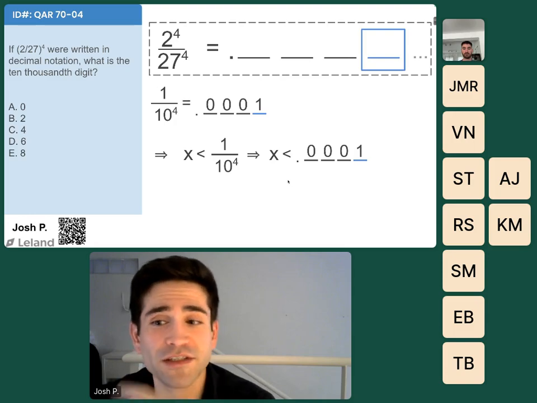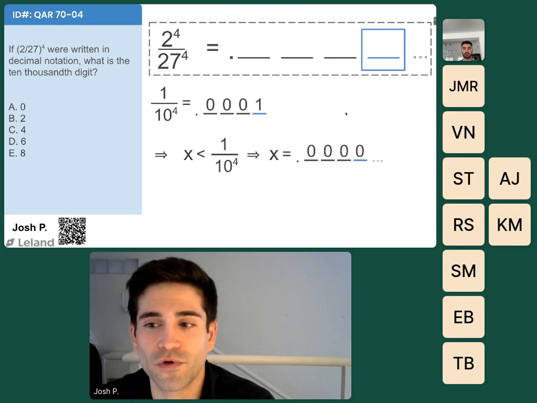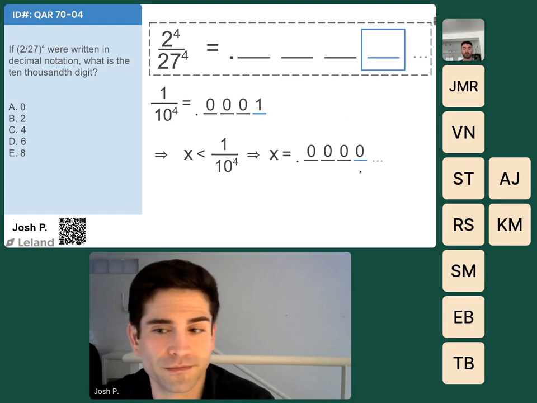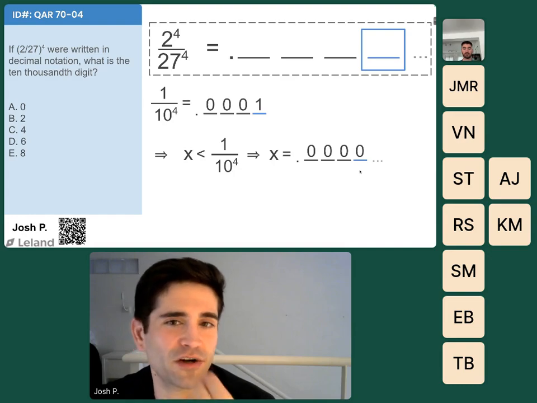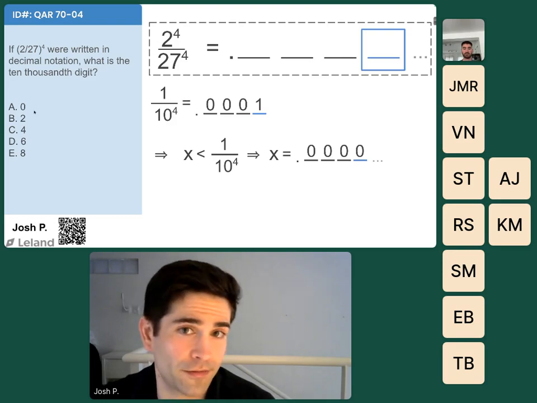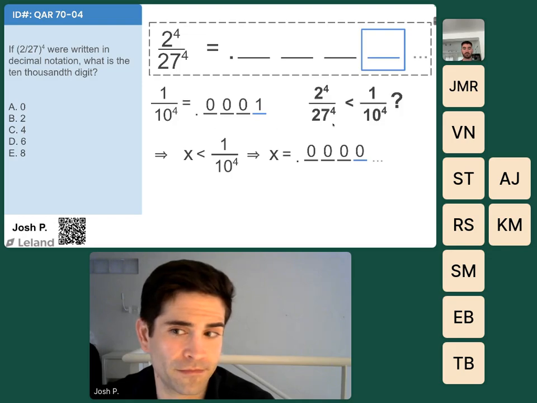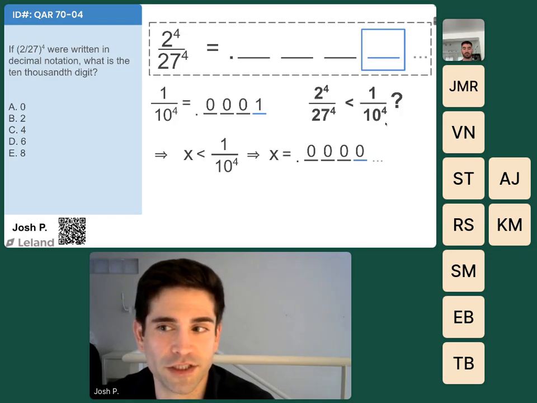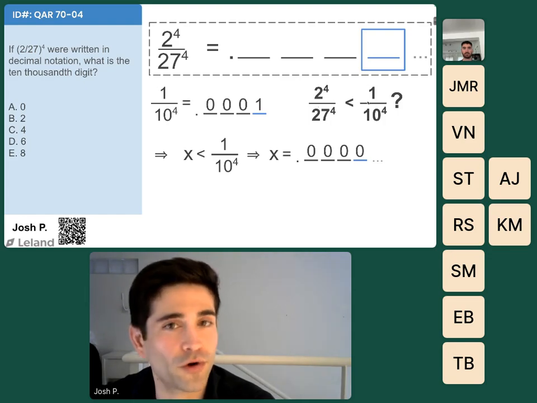And if x is less than that value, that means that this digit will be 0. So if we can conclude that this fraction is less than 1 over 10^4, the answer would be 0. So that's the question we're asking ourselves. Is 2^4 over 27^4 less than 1 over 10^4?